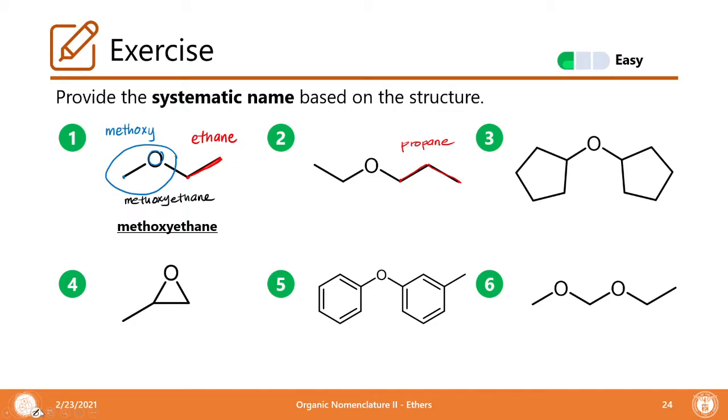And on the other side, we have our substituent, which has 2 carbons. So it's eth, and then we add the oxygen group, oxy. So when you write the name, ethoxy.